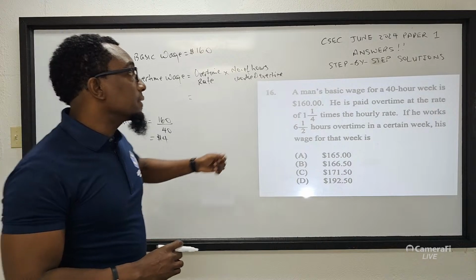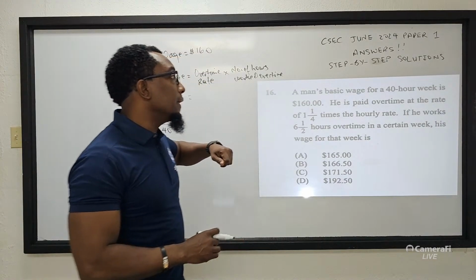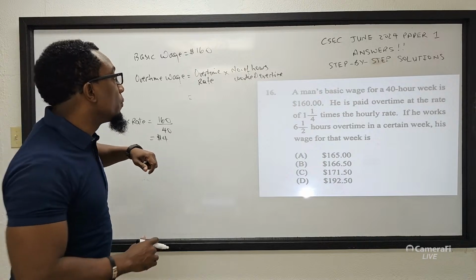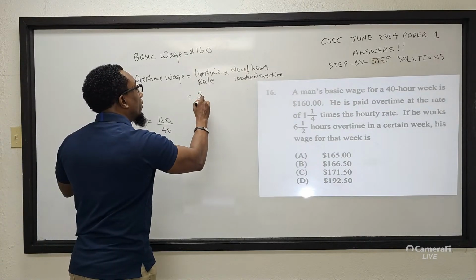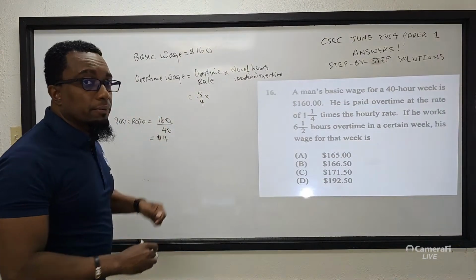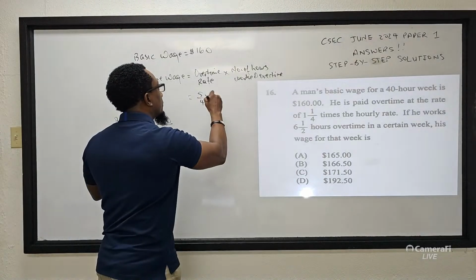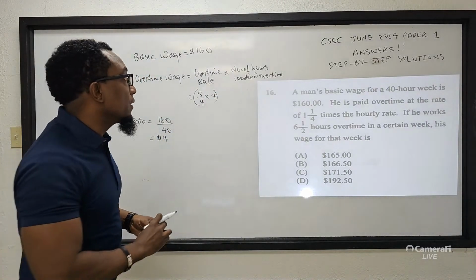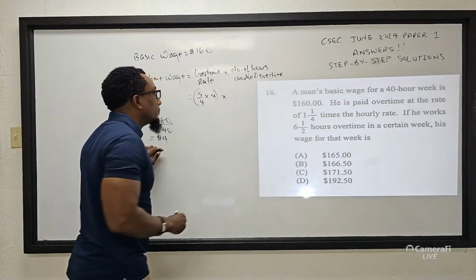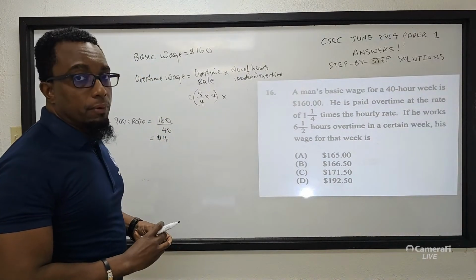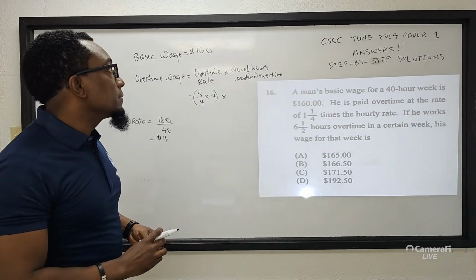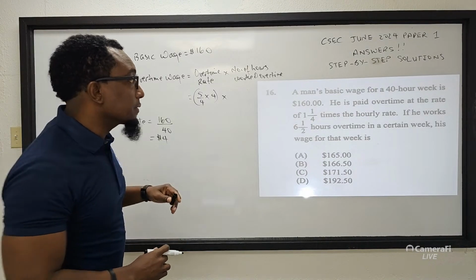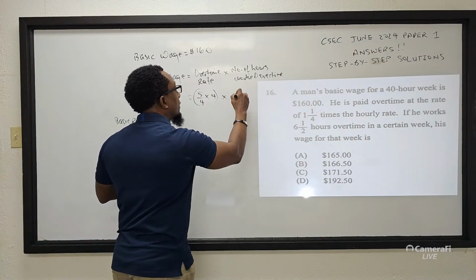So his hourly rate, he's paid a rate of 1.25 times the hourly rate, which is 1.25 or 5/4 times the basic rate of $4. So when you work overtime, he's now paid $5 an hour. So $5 an hour for working overtime times the number of hours worked overtime, which is 6.5 hours.